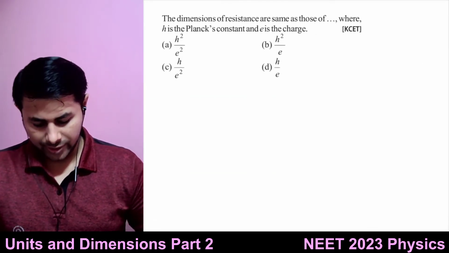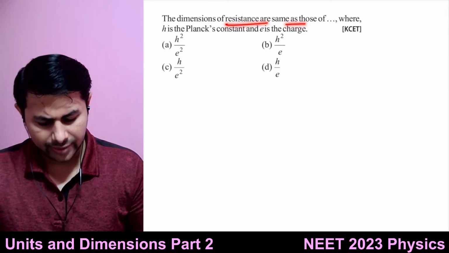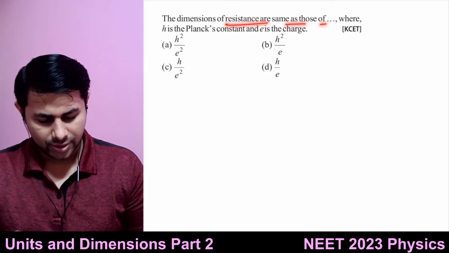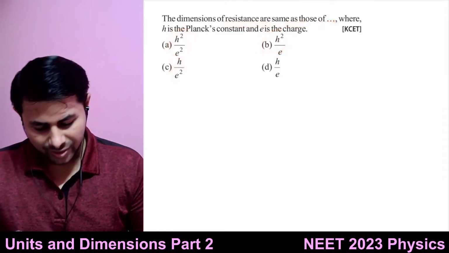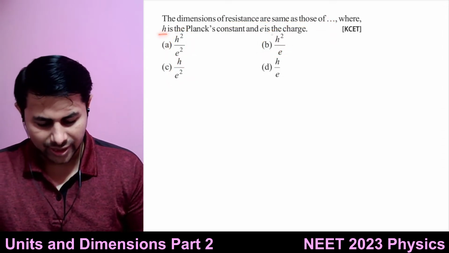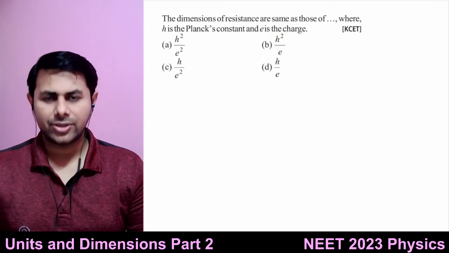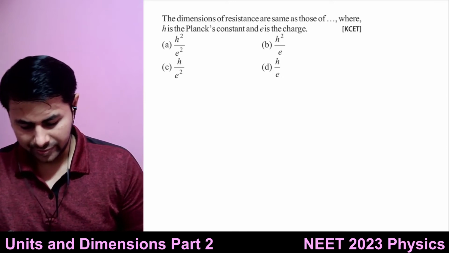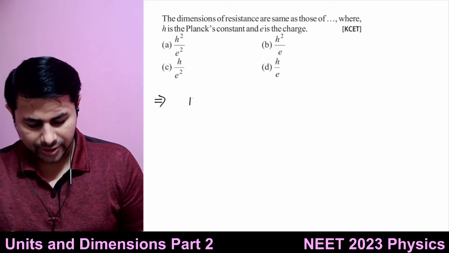The next one says the dimensions of resistance are the same as those of something from these options, where h is Planck's constant and e is the charge, and we want to find out the dimensions of resistance.